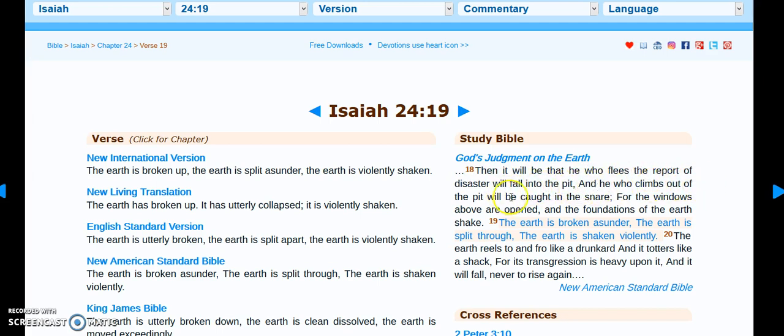He who climbs out of the pit will be caught in the snare, for the windows above are open," just like it said in Genesis 7:11. "And the foundations, or the wellspring, as in Maxwell, of the earth will shake." And then I just read this verse, but then it says, "The earth reels to and fro like a drunkard, it totters like a shack, for its transgression is heavy upon it, and it will fall and never rise again."